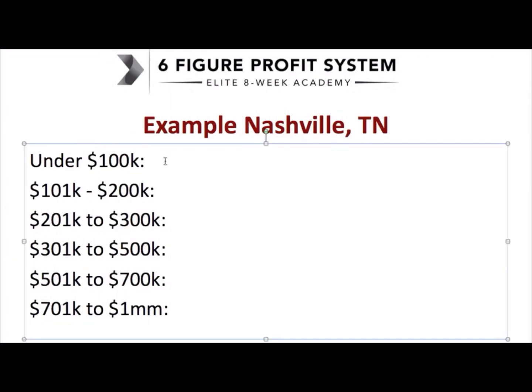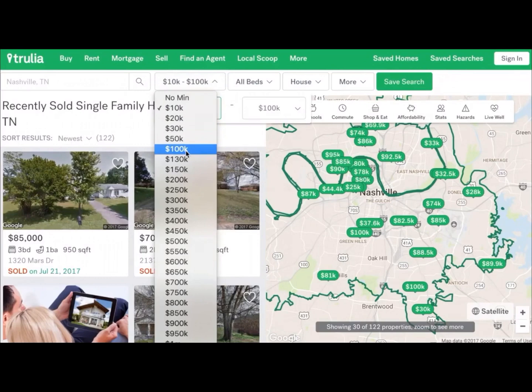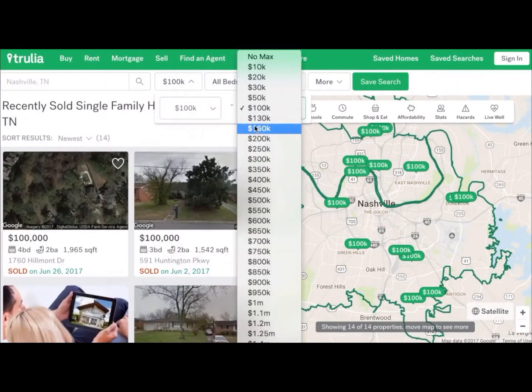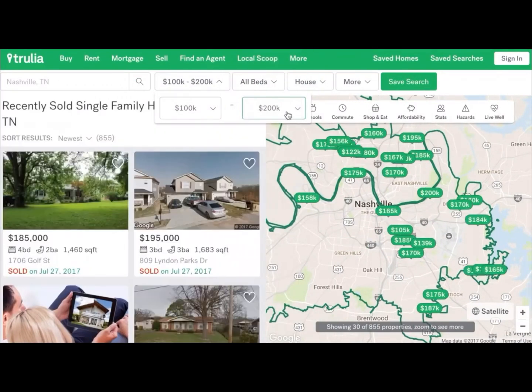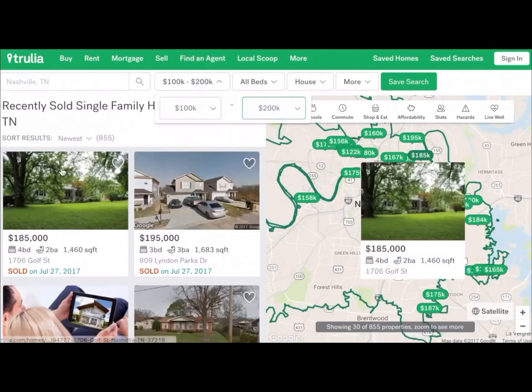So I'm going to go back to my chart here, and I'm going to put 122. Now let's look at 100 to 200. So let's change our filter here to 100 to 200. And between 100 and 200, we're not going to change our other filters. There was 855. So let's put 855. By the way, it's right here.